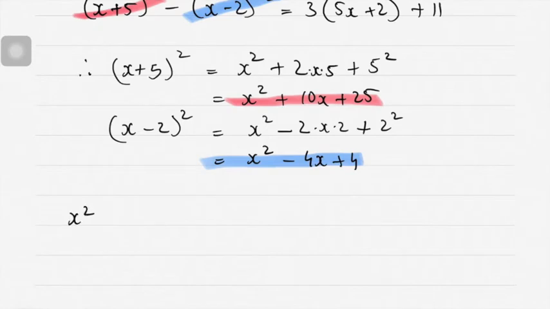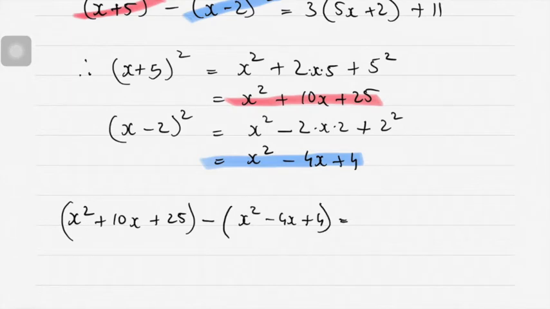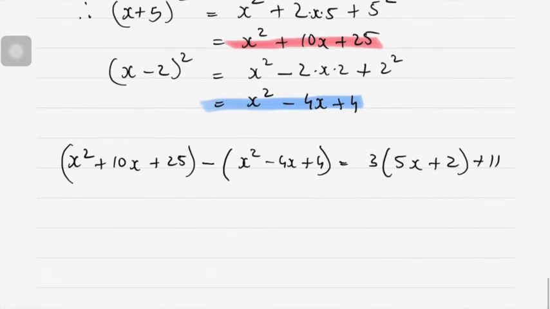So x² + 10x + 25 minus, I'll write in the bracket, (x² − 4x + 4) is equal to, I'll write that as it is, 3(5x + 2) + 11. Now I'll open the bracket.